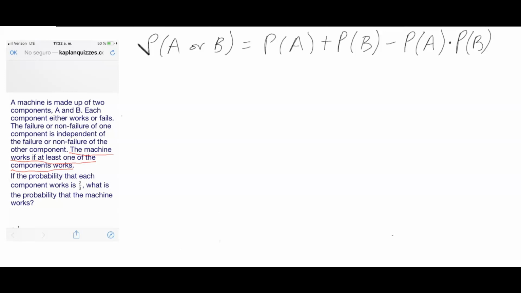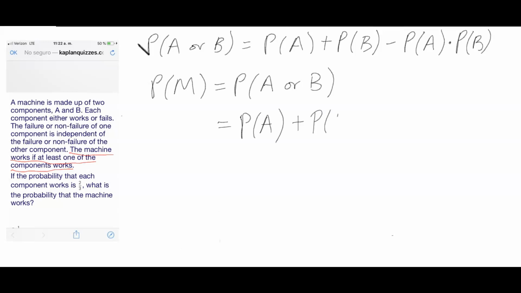So what that means, Lexi, is that the probability that the machine works is equal to the probability that A works or the probability that B works. And so that's what we've just found here. So the probability is equal to the probability of A plus the probability of B minus the probability of A times the probability of B.